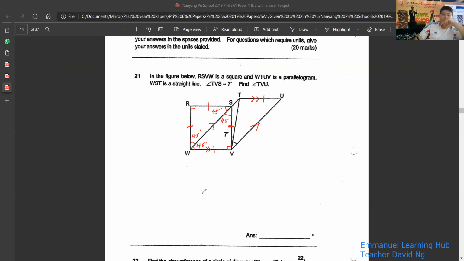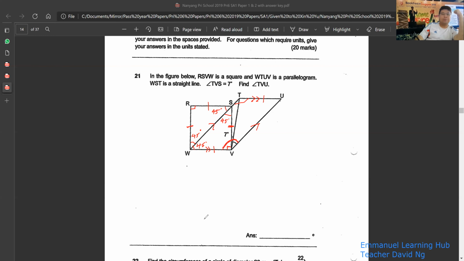Just name the angles. WTU and WVU. W, T, U, and W, V, U. They are the same because they are diagonally opposite angles of a parallelogram.